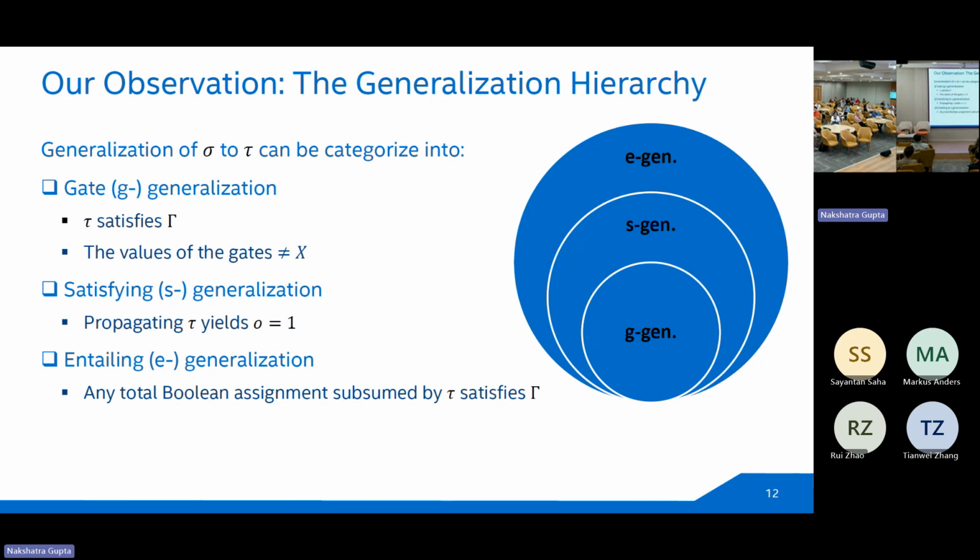So taking the assignment with the don't care values, propagating to the output results in the output being evaluated to 1. Then we have the least restrictive one, so the strongest one, the entailing generalization that requires that the generalized solution entails the circuit. So if we take the assignment, replace any don't care values with Boolean values, all the combinations result in satisfying the circuit.